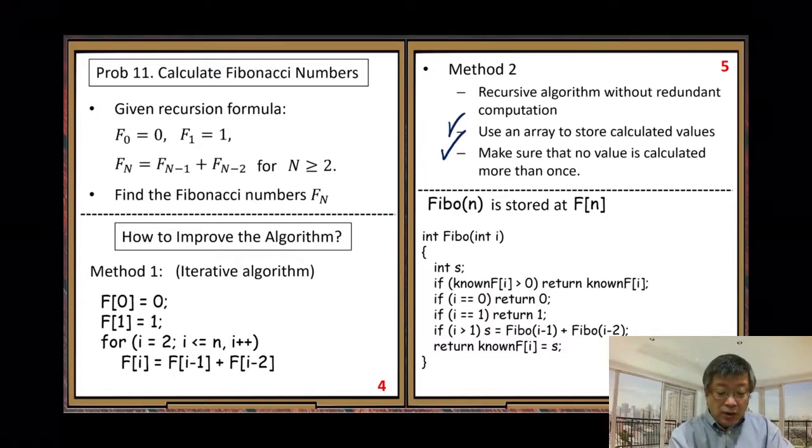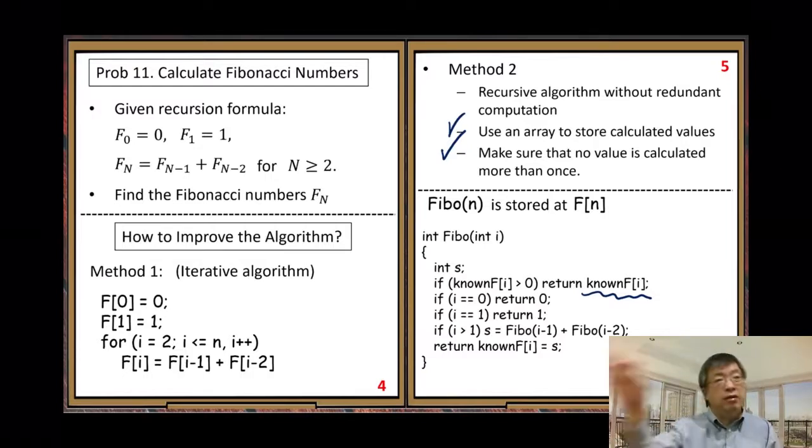You can see we need to use an array called known F array. From the name, you can see this array is used to store the known Fibonacci numbers. But initially, all the values of the elements are 0.